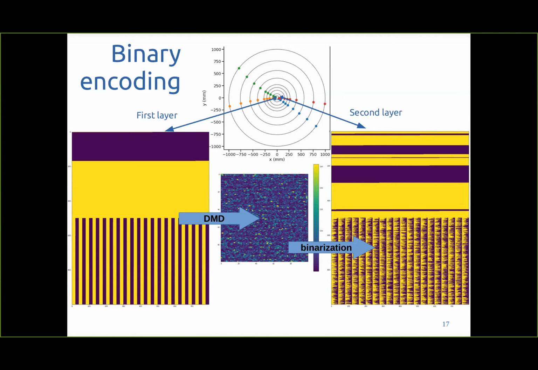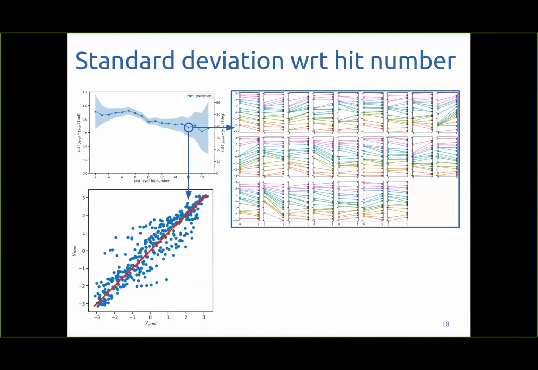There were some results. We don't have much time, so I just show one of them, which is we try to predict from the position of the points in the penultimate layer, the position of the point on the last layer. So for instance, if you have 16 hits in both layers, this is a plot of what it predicts as a function of the true value.